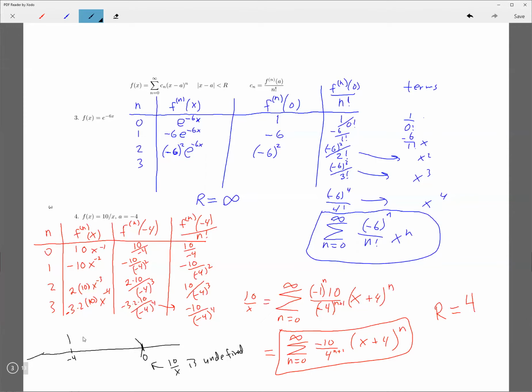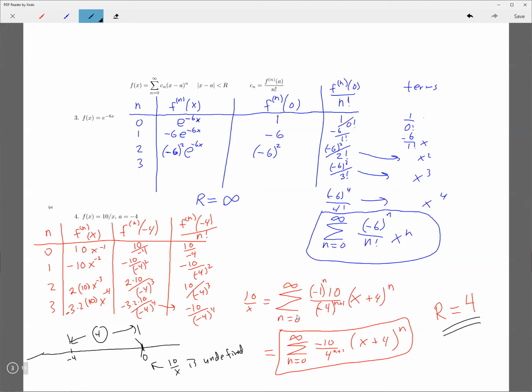So the distance between there and there is 4. That helps us to tell that the radius of convergence is going to be 4. So you will typically be able to expand out to there.